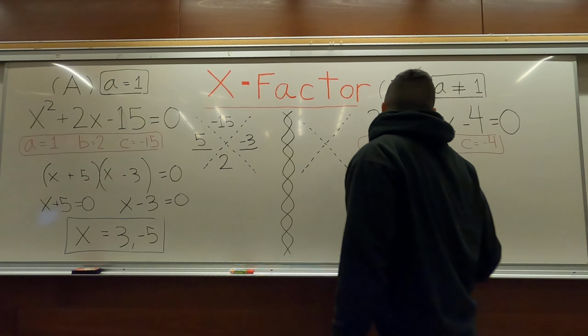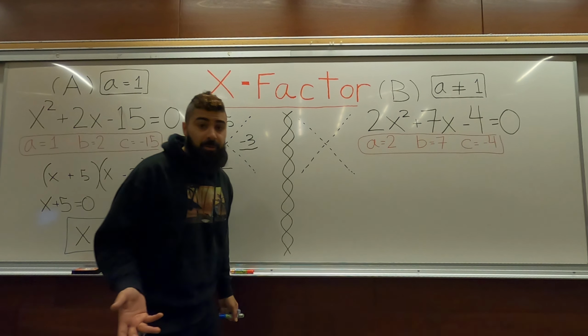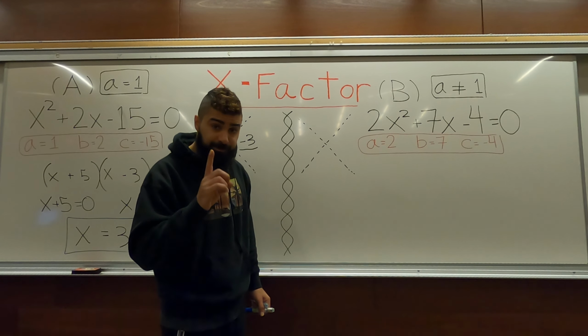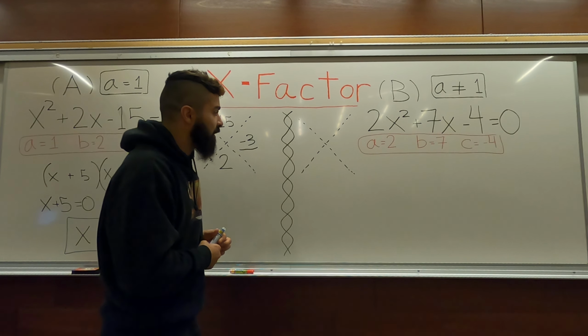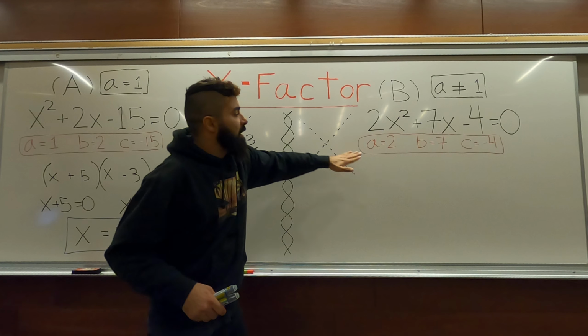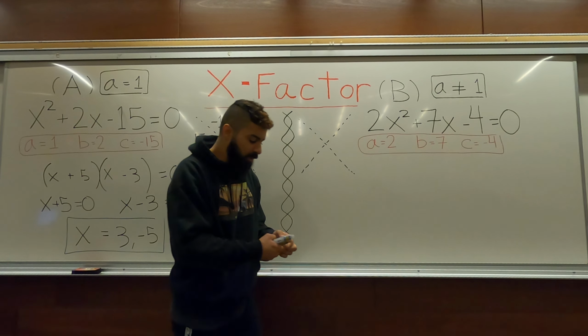All right. So in example B, we have 2x squared plus 7x minus 4 equals 0. So A is 2, B is 7, C is negative 4. We're going to do the same thing as we did earlier. So up here goes my A times my C. A is 2, C is negative 4. So A times C becomes 2 times negative 4, which is negative 8.